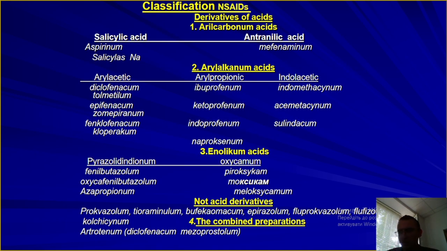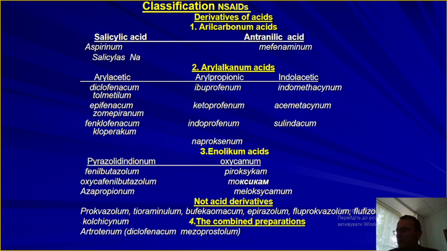Non-steroids, a very interesting topic. I don't know if you were discussing it during your pharmacological courses, but you should remember that non-steroids have their own classification, and all non-steroids are divided into pharmacological groups.